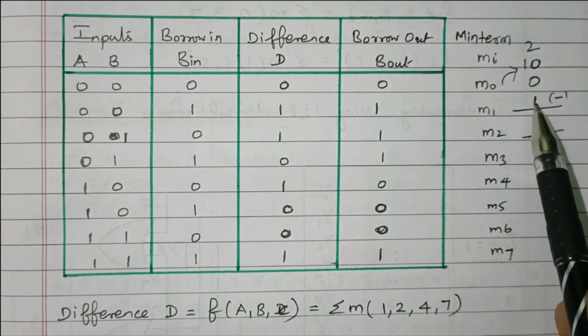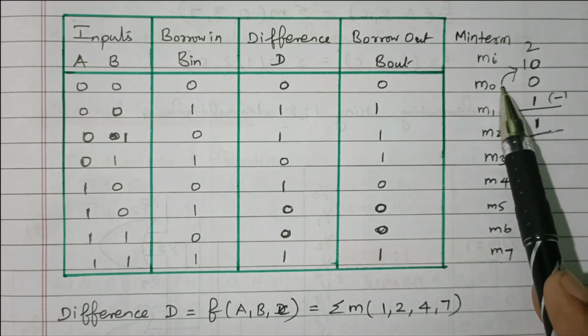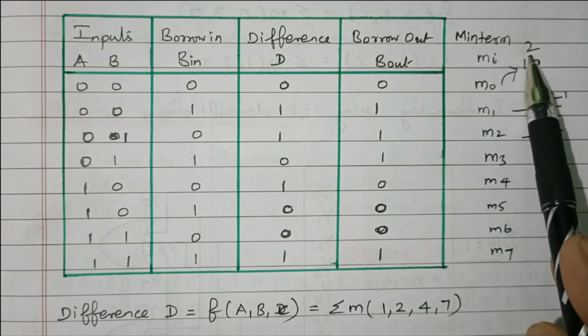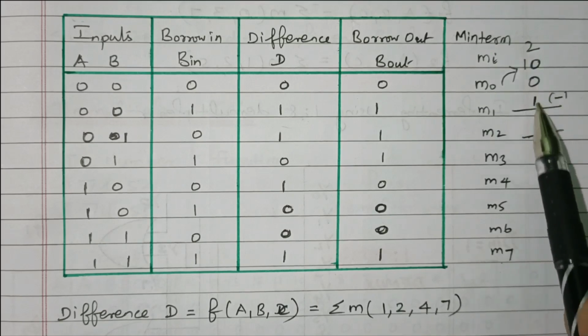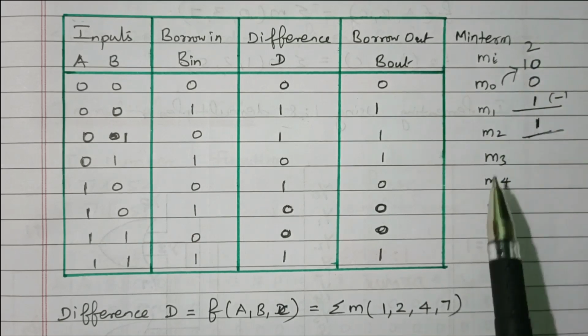So 0 minus 1 means we cannot subtract, so we need to borrow from the previous digit. While borrowing 1 from the previous digit, it becomes 10. 10 means 2. 2 minus 1 is 1. So the difference is 1 and borrow is also 1, right?